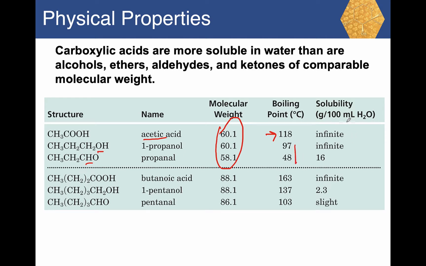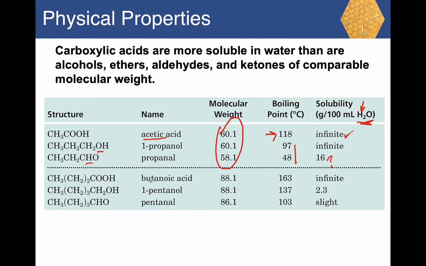Likewise, the solubility in water. Of course, as you will recall, the solubility in water depends on hydrogen bonding to water, which is also a polar molecule. Very soluble in water, whereas the aldehyde is not as soluble.